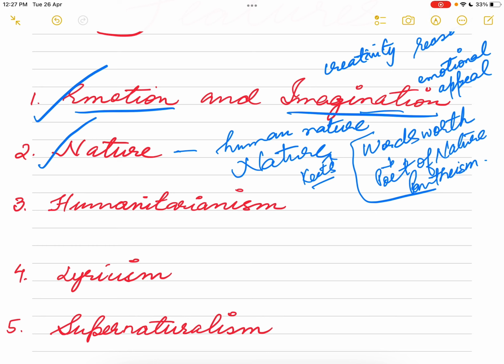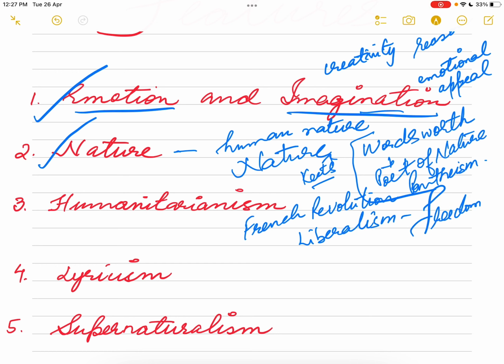Next we come to humanitarianism. With the happening of the French Revolution, there was a new concept that came into everybody's life, and that was liberalism, the freedom that people got from the set rules that existed in the neoclassical age.